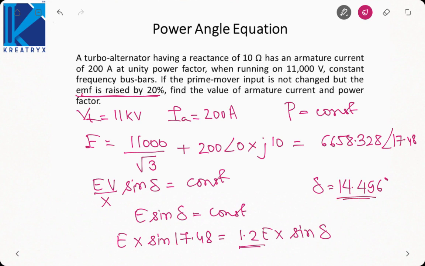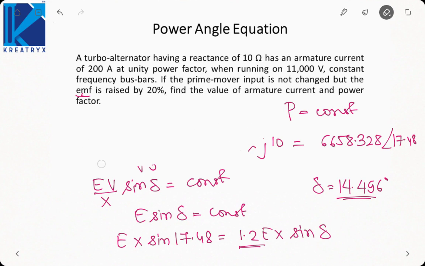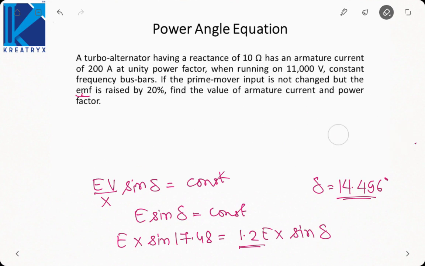Now we have the new EMF, which is 1.2 E, and we have its angle. We need to calculate armature current and power factor. One thing that we know is the terminal voltage shall remain the same. So how will I calculate IA?